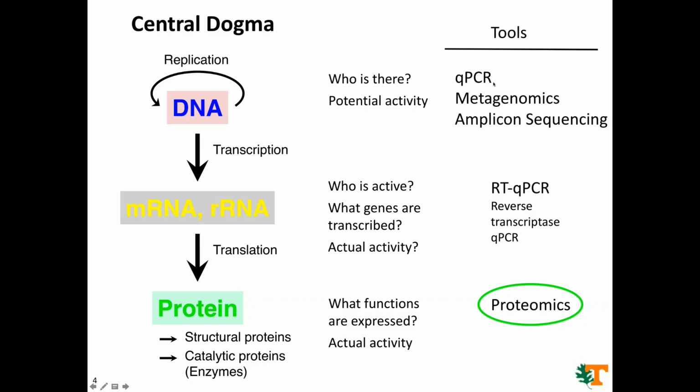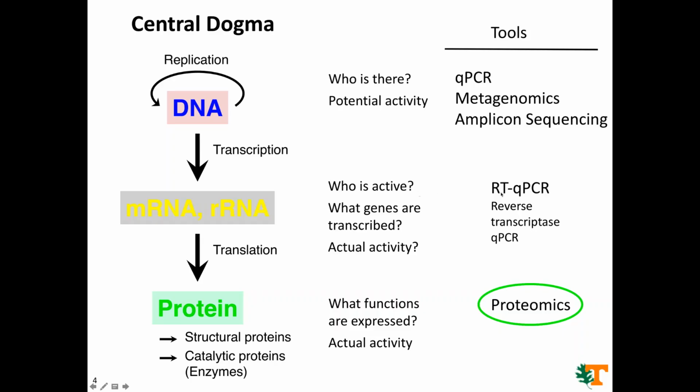Now the tools to get information about these different types of biomarkers are listed on the right-hand side. We talked about qPCR, and today I'm going to talk a little bit about metagenomics and amplicon sequencing as tools to gain information about the DNA.